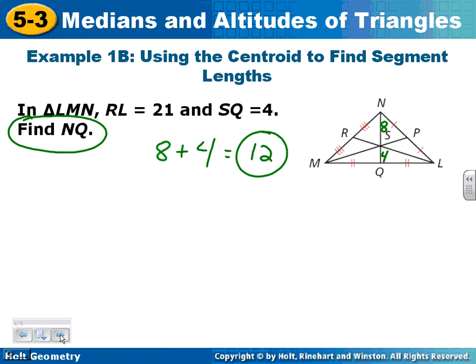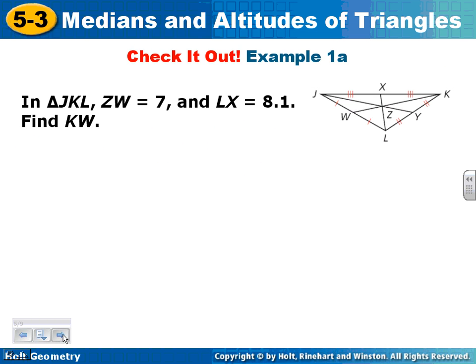Let's move on to the 5th slide. In triangle JKL, ZW is 7. So Z to W is 7. Let's mark that. And LX is 8.1. So from L to X, that's 8.1. Find KW.